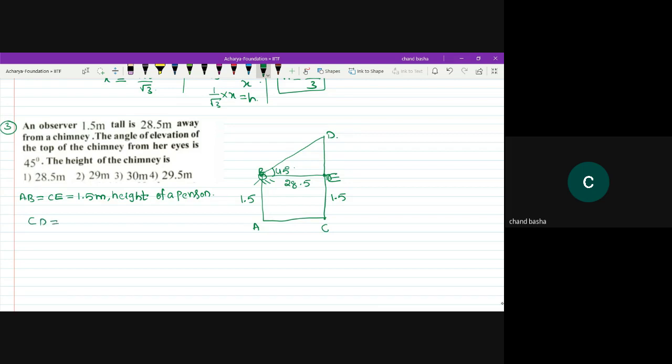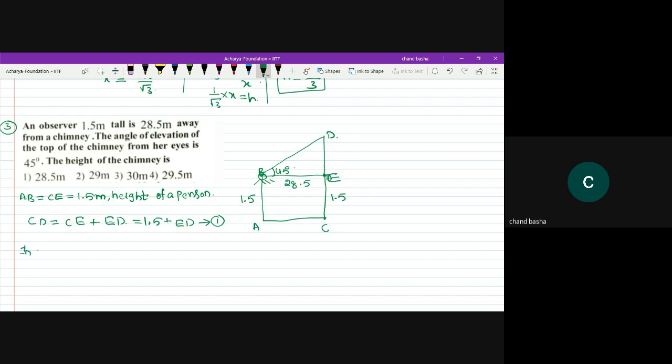So CD we can write as CE plus ED. That CE value he has already given. Now I am going to take this DE value. Just find out the DE value. And this is equal to 1.5 plus ED. Take it as equation number 1.